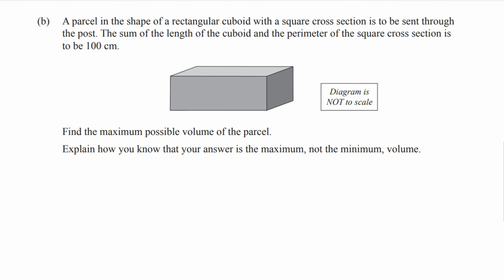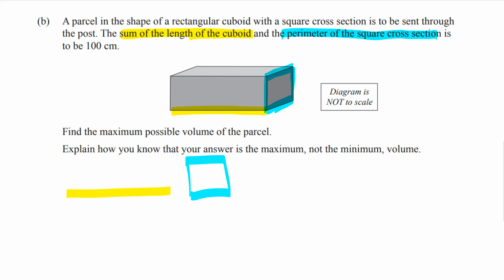All right, guys, so with this question, the key information is right here. It says the sum of the length of the cuboid, which is this part here, and the perimeter of the square cross-section, which is this thing here. So you're looking at that perimeter. You've got this length, and then it's a square, so there's a perimeter here.